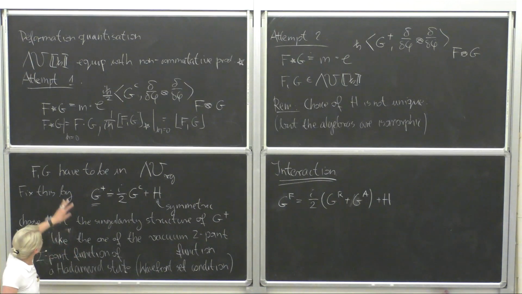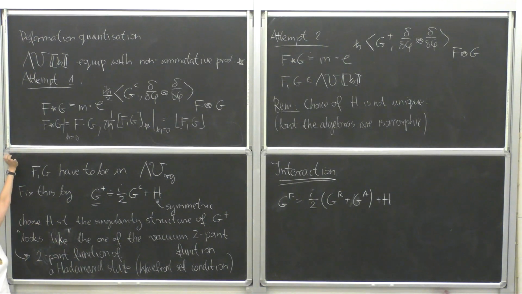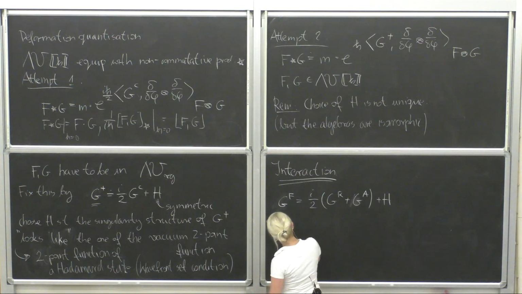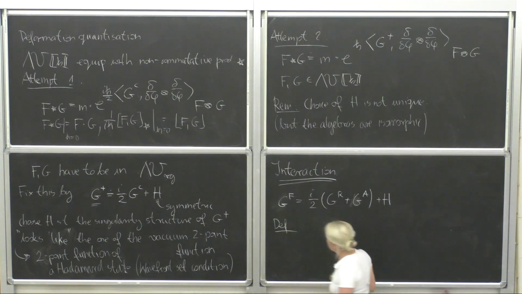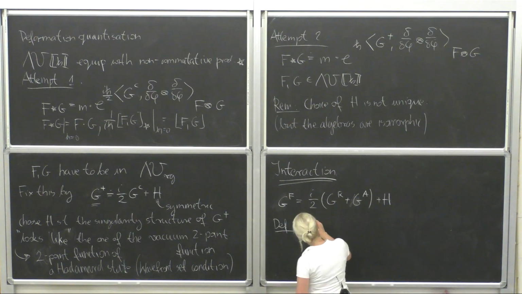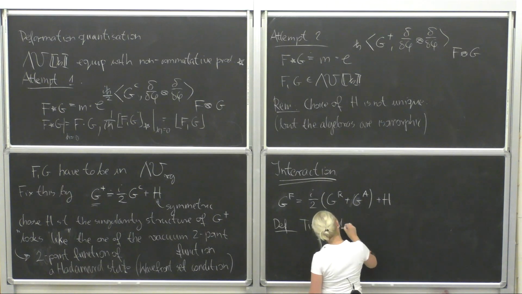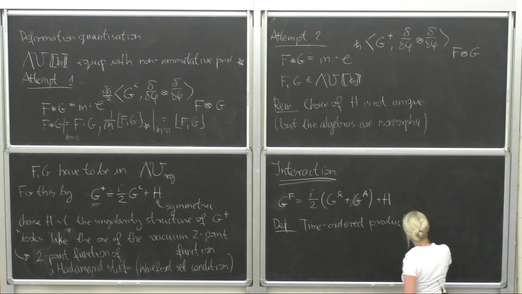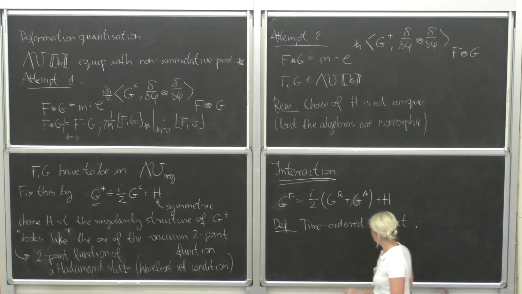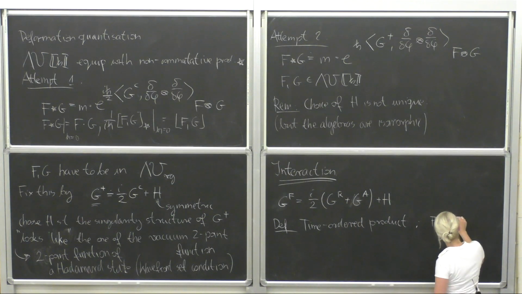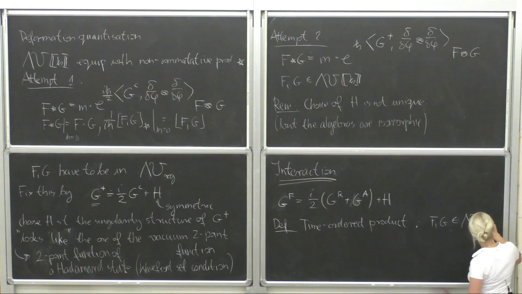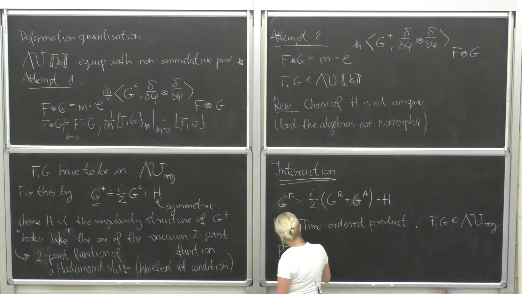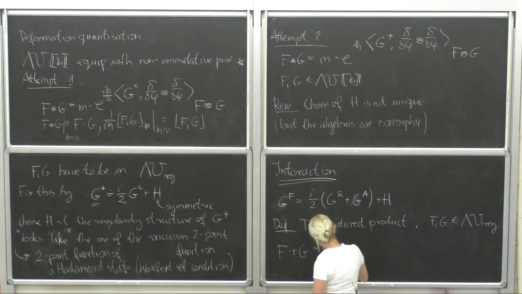With that gadget, I can now attempt to define a product. So, definition: something called time-ordered product. All right, so again, attempt number one, I'm going to take F and G, which are regular, okay, because last time something terrible happened, so I want to make sure that I take things slowly.